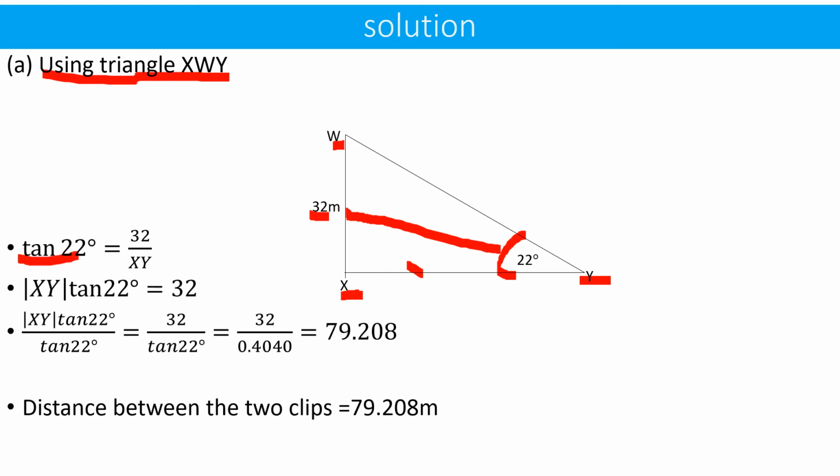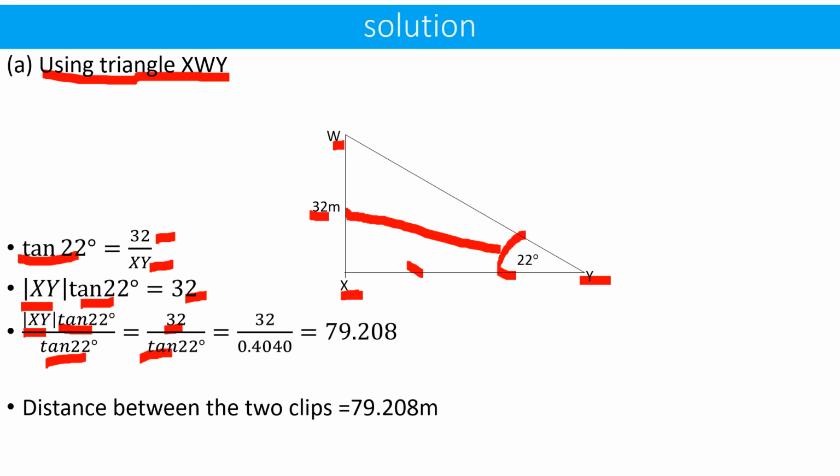So tan 22 is equal to 32 over XY. Then we multiply through by XY, so XY tan 22 is equal to 32. Then divide both sides by tan 22, so XY is 32 over tan 22.